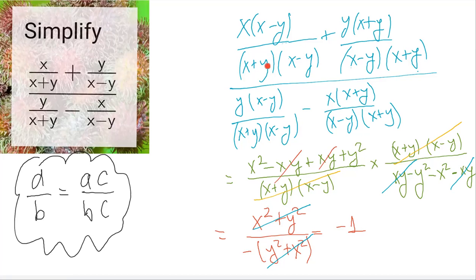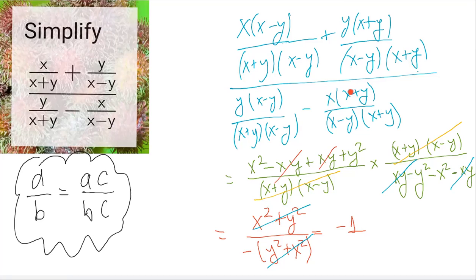This is the first step, and let's expand these brackets at the bottom. x squared minus xy, xy plus y squared, yx minus y squared.